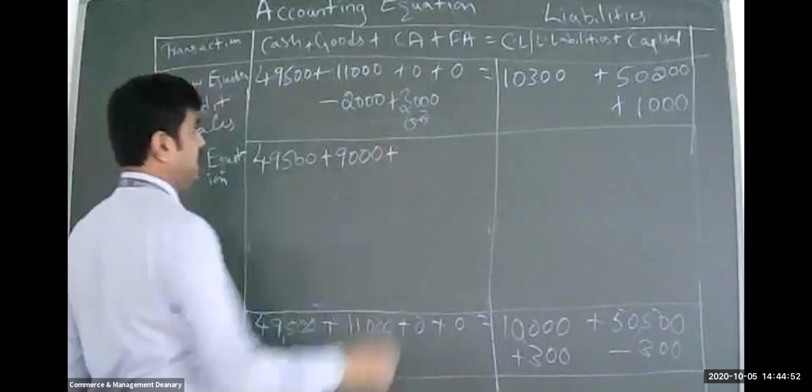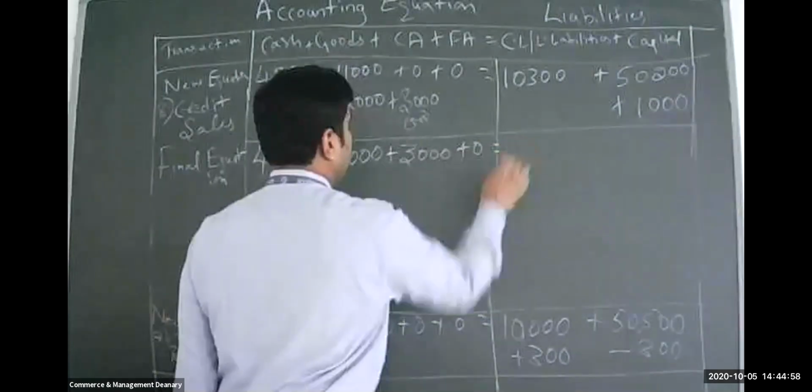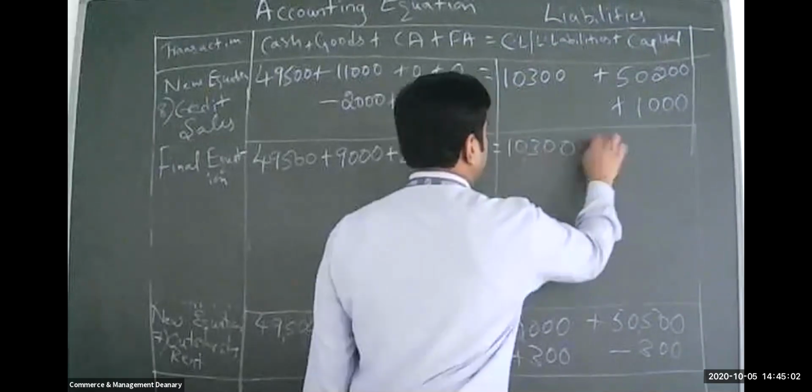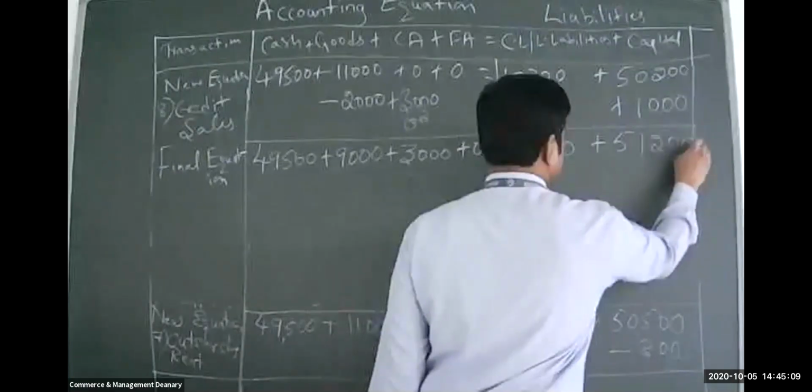How much is current asset? 3,000. Asset is 10,300. How much is capital? 51,200.